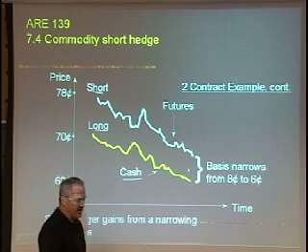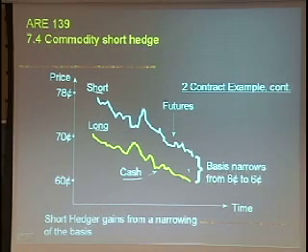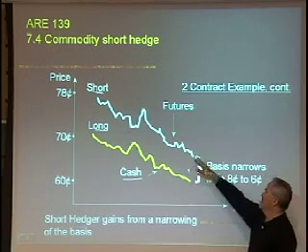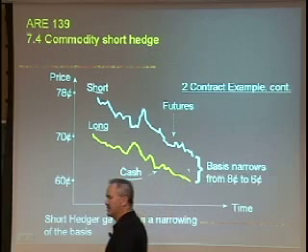So if the basis narrows and you're making a profit on that white line, on the futures line, and the two lines are converging, well, your profit on the white line is going to be larger than the loss here, right? Because you're making a loss. There's a loss down here, there's a profit down here. And if they're coming together, well, then your profit per pound is going to be larger. So the narrowing of the basis works in favor of a short hedger.